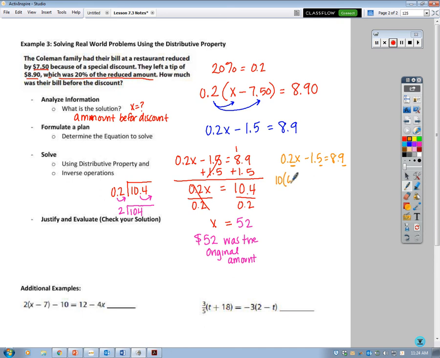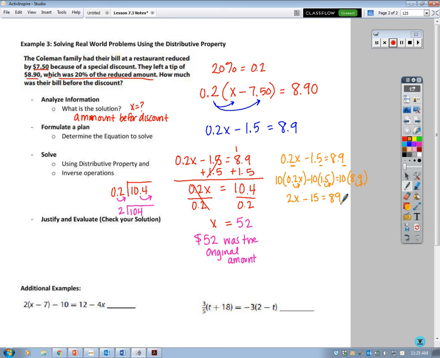So 10 times 0.2x minus 10 times 1.5 equals 10 times 8.9, and I'm going off the page here. Hopefully you guys can still see that. When I multiply by 10, I'm moving the decimal once. And so this means that I now have 2x minus 15 equals 89.